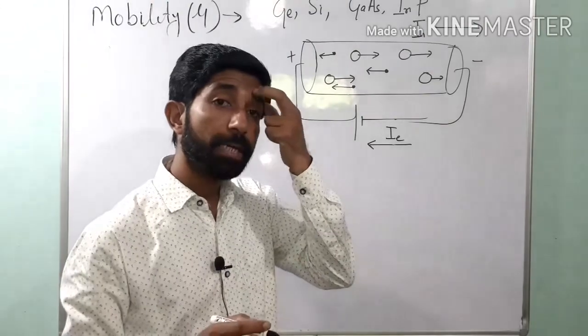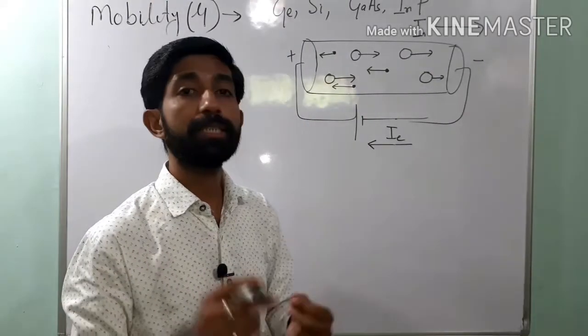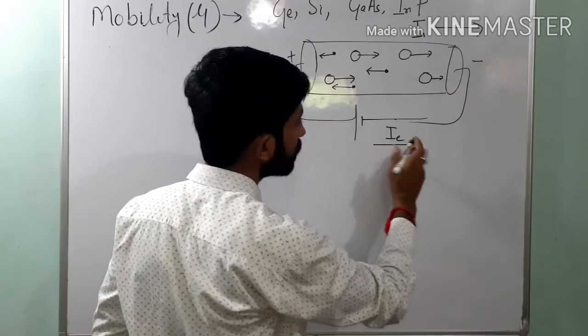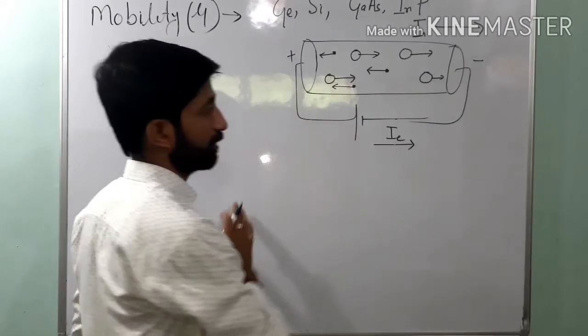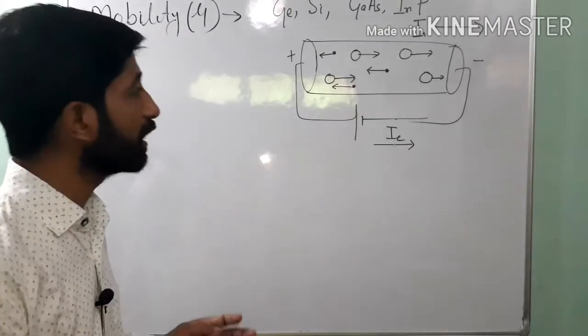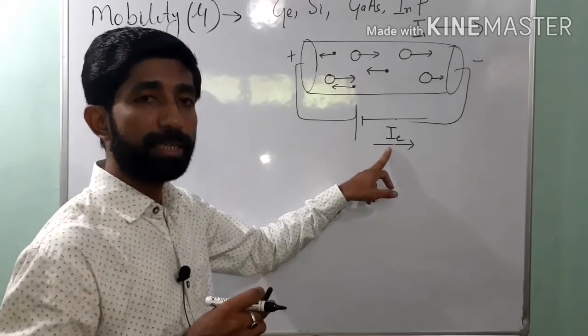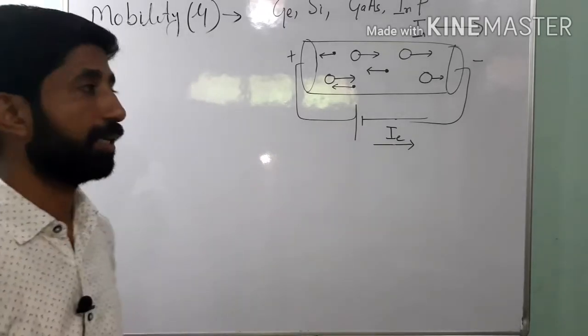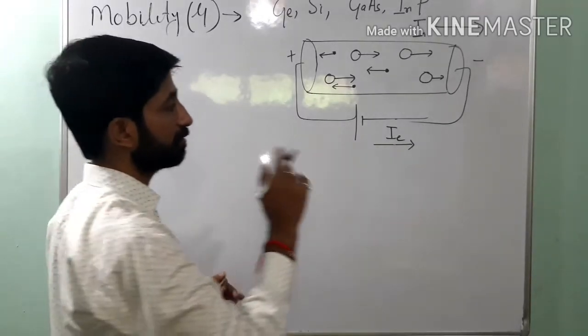So generally in circuit problems, what we use is conventional current. Conventional current is always opposite to the flow of electrons. Okay, this is the conventional current by the electron. I discussed this in the last video as well, so please go for that if you are confused a little more.